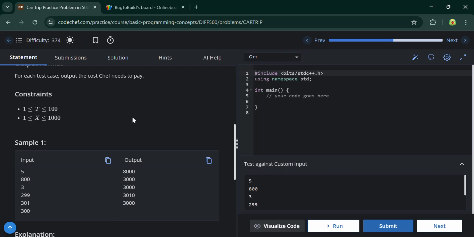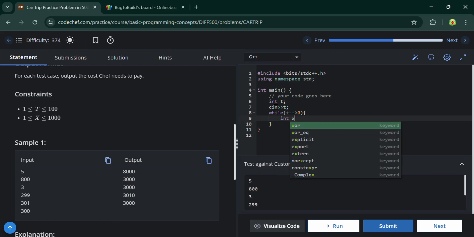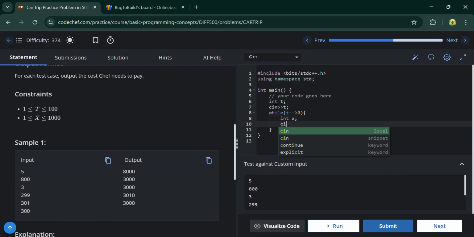Let's understand here. Int t is the number of test cases, cin t, while t-- is greater than 0, then you take int x and cin x.